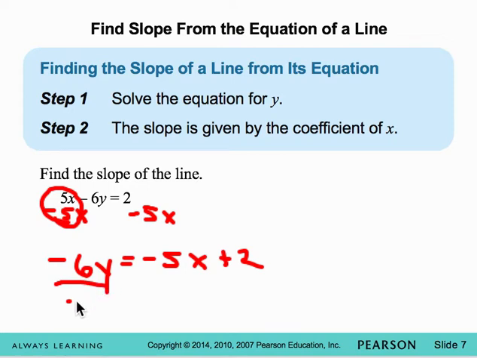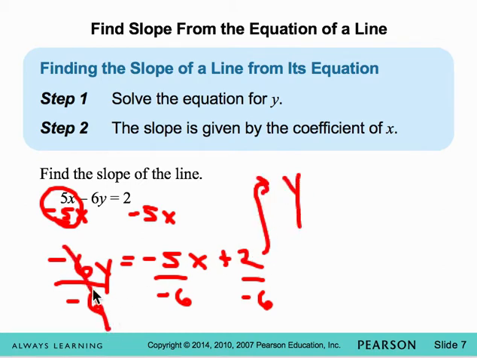And then divide by negative 6 everything all the way across. So here's my equation. y equals, a negative is a positive, and then this will reduce to a negative 1/3.